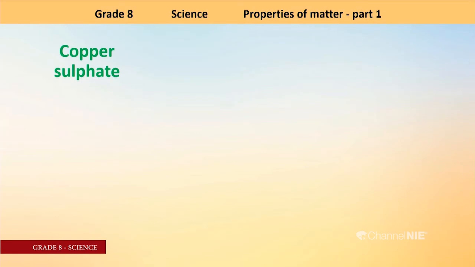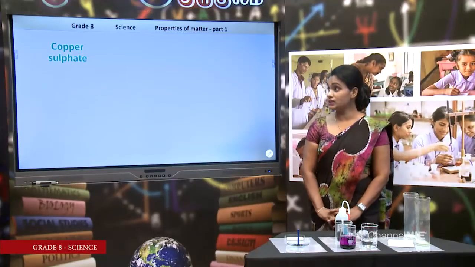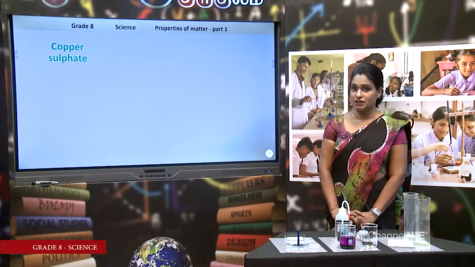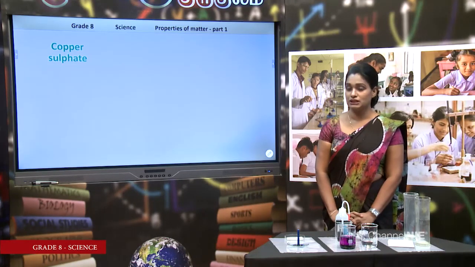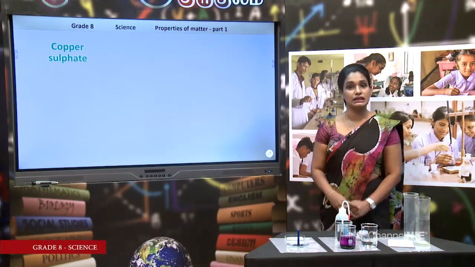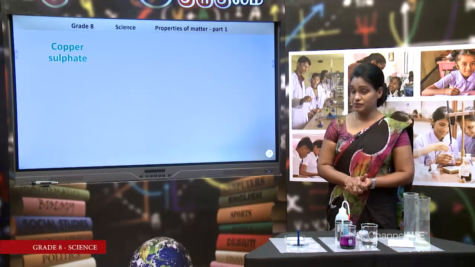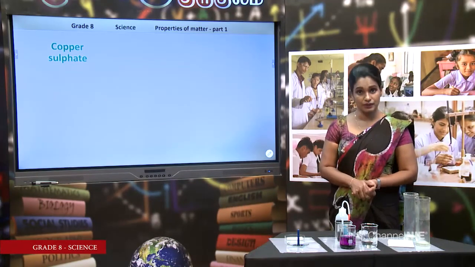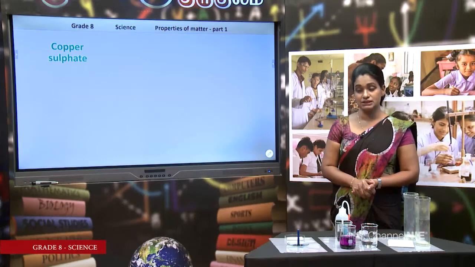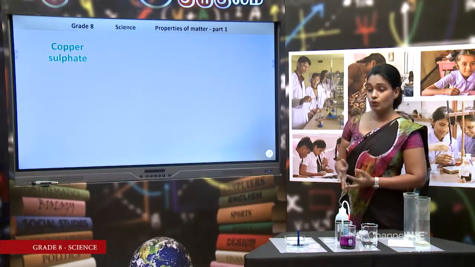Then, you have been given an example for a compound, that is copper sulfate. Now, you have to learn what are the elements in that compound. In the previous video you saw iron sulfide contains some elements, likewise here the copper sulfate.